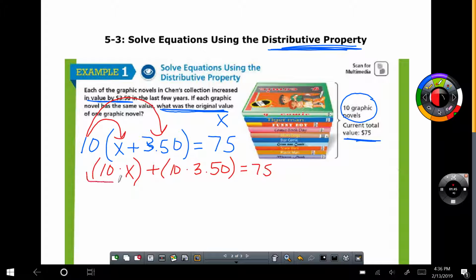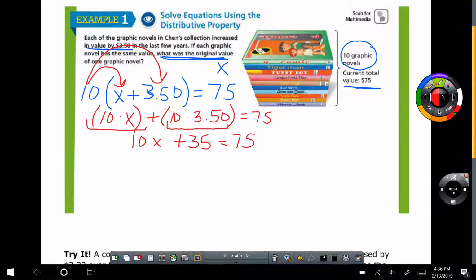We can go ahead and do our multiplication. 10 times x is 10x. 10 times $3.50 is $35. And our current price is still $75. Now this looks like an equation that we know how to solve. We've been practicing solving this.